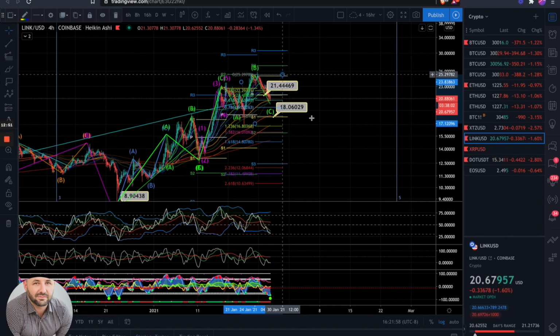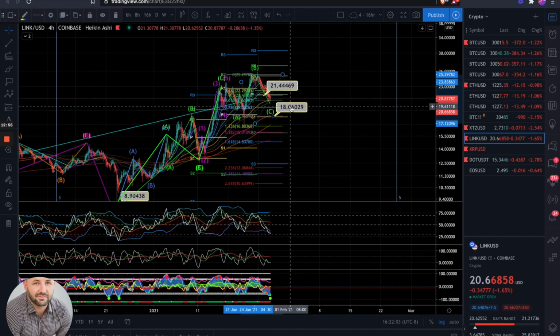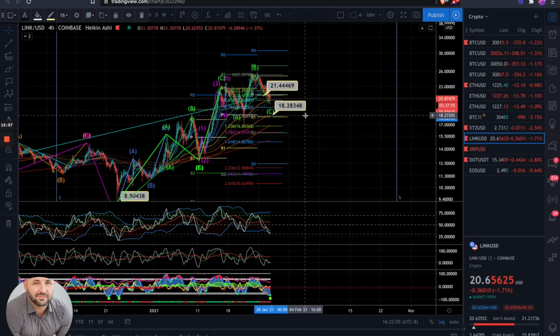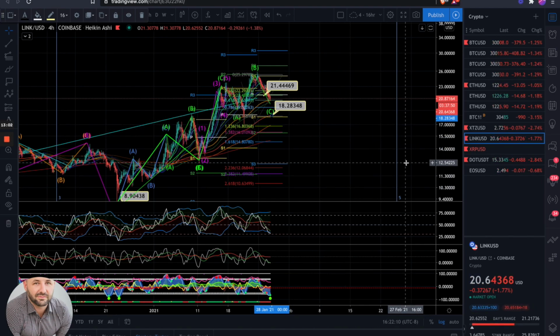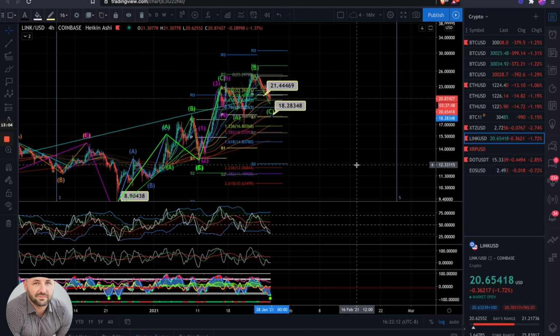S1 puts us at a 1-to-1 move, right there in line with the EMA. So I'd look at that 18.25 for Link, but yeah, looking for continuation to the downside. Not looking the healthiest or the frothiest at the moment.